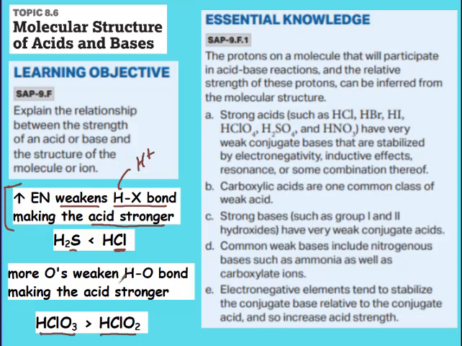So sometimes you may think that an acid should be strong like HF because it's very electronegative, but because fluorine is so small, it is able to hold on to that hydrogen, making that bond really strong, so the hydrogen doesn't come off.